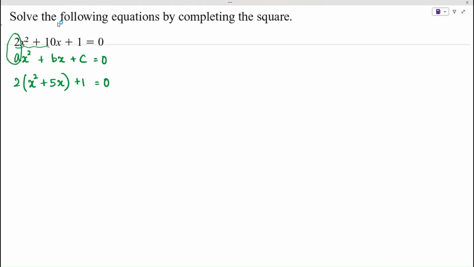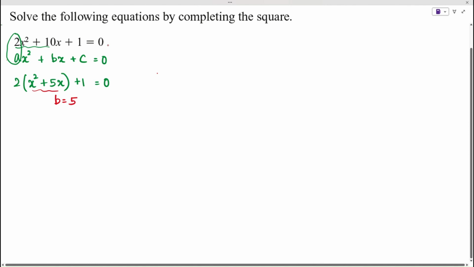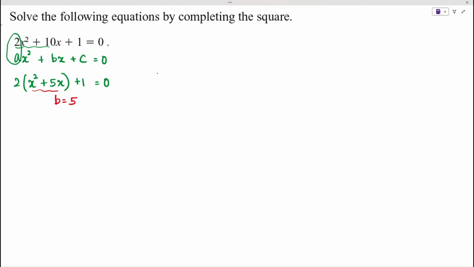Now we complete the square on our x squared plus 5x, so we find our coefficient of x. We're going to set that as b, so b is equal to 5. Then we're going to use our completing the square formula, which is x plus b over 2, the whole squared, minus b over 2, the whole squared.